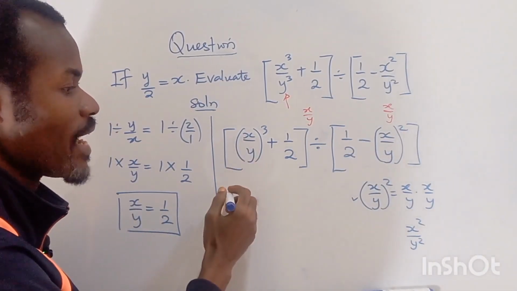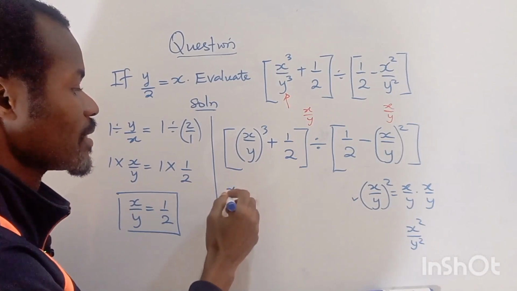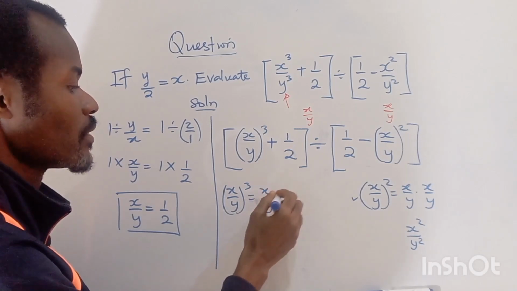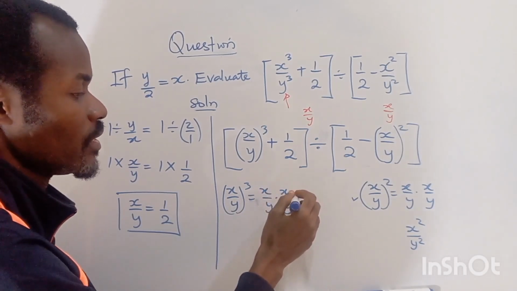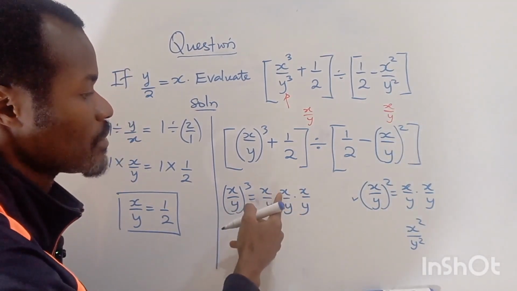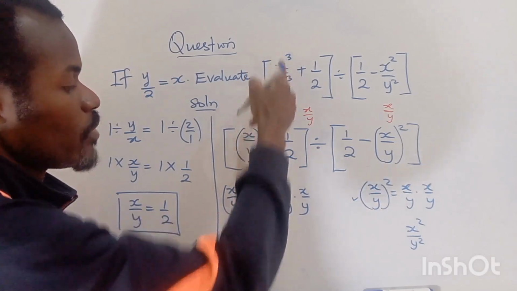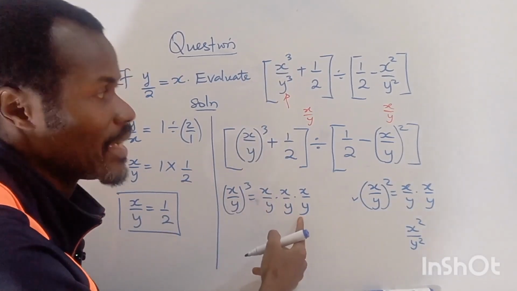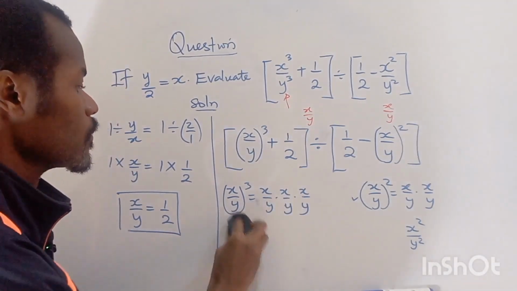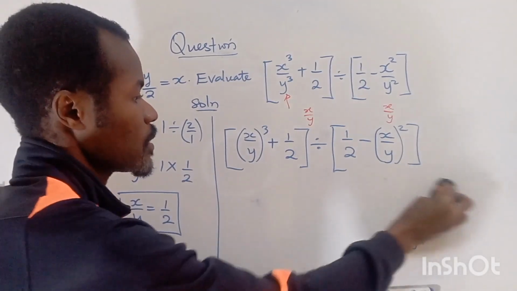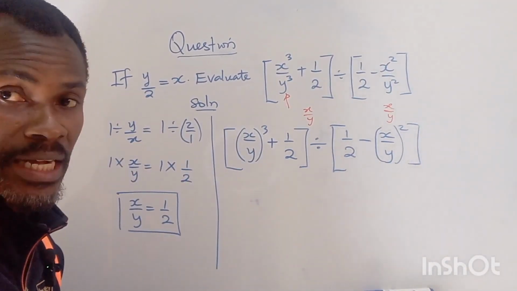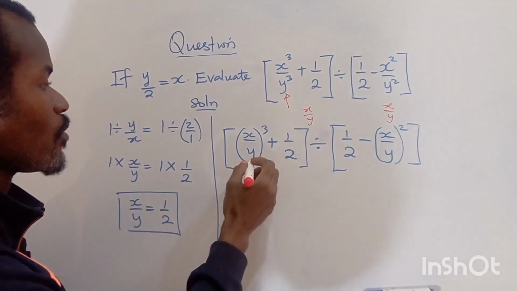And for this, if I say x divided by y raised to the power of 3, it means x divided by y multiplied by x divided by y multiplied by x divided by y. So x times x times x gives me x raised to the power of 3, and y times y times y gives me y raised to the power of 3. So that is a basic law of indices.